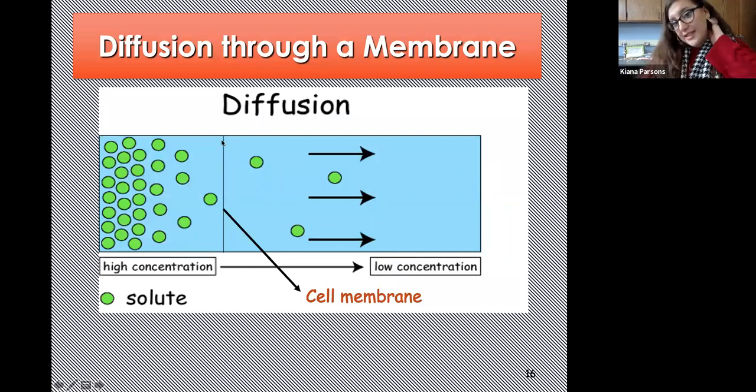So we can see here, this is the cell membrane, and there's a high concentration of solute outside of the cell. Let's say that's oxygen. There's a high concentration of oxygen in this room. When I inhale, it's that oxygen that's going to diffuse its way into my lungs, because inside of my lungs, there's a high concentration of carbon dioxide waiting to be exhaled. All of my cells produced that carbon dioxide as a byproduct of cellular respiration.